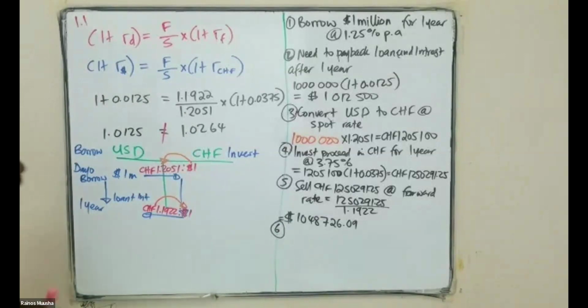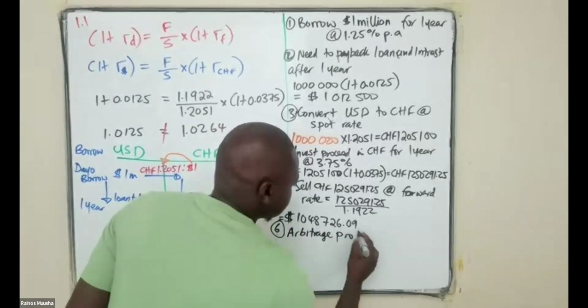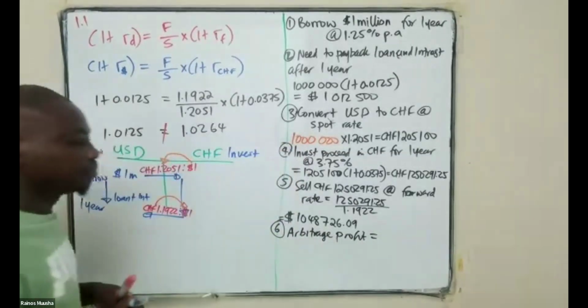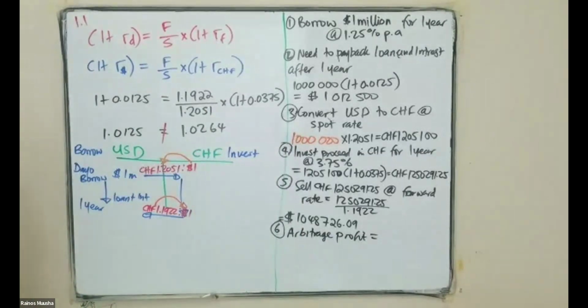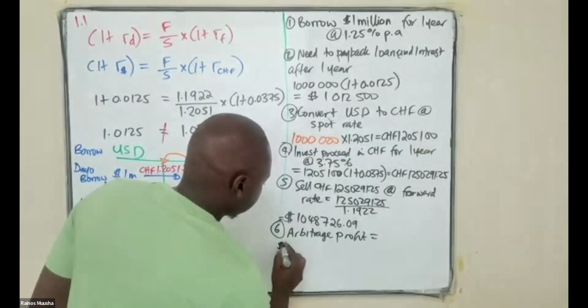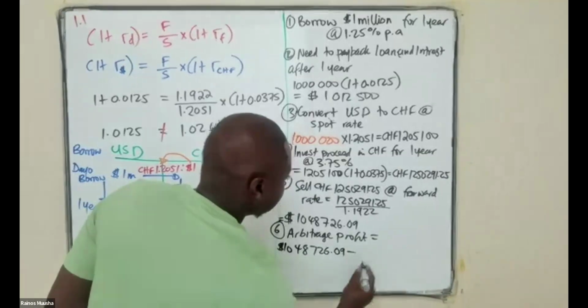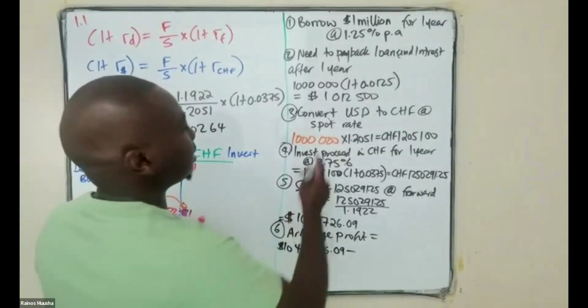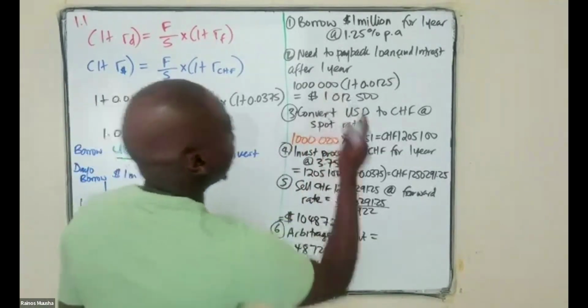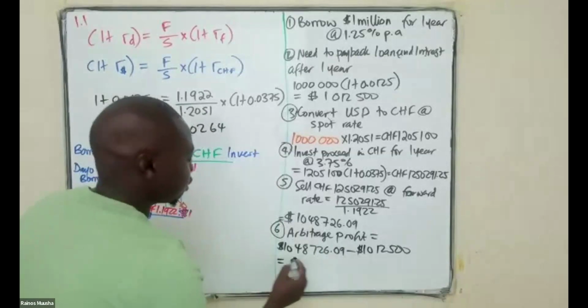So our arbitrage profit in this case is equal to the difference between our investment proceeds of 1,048,726.09 and our loan plus interest due, which is an amount of 1,012,500. So how much is our arbitrage profit?